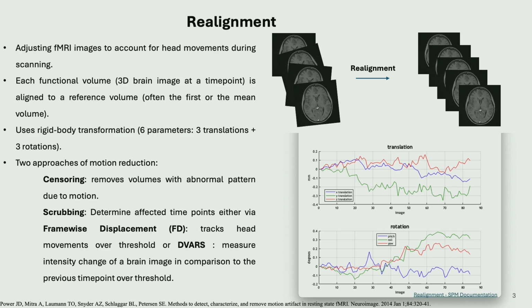One is censoring, where you do not use that data point in your analysis, but you use the rest of the data points. The other one, which has become popular in resting state, is called scrubbing, where when you detect the time points where there was motion, you throw away those data, and then your time series becomes smaller.